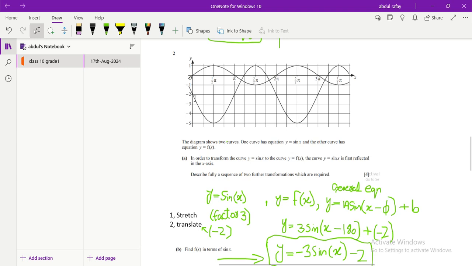And the second one is translation: how will you translate y equals sine x so that it gives you y equals f of x?